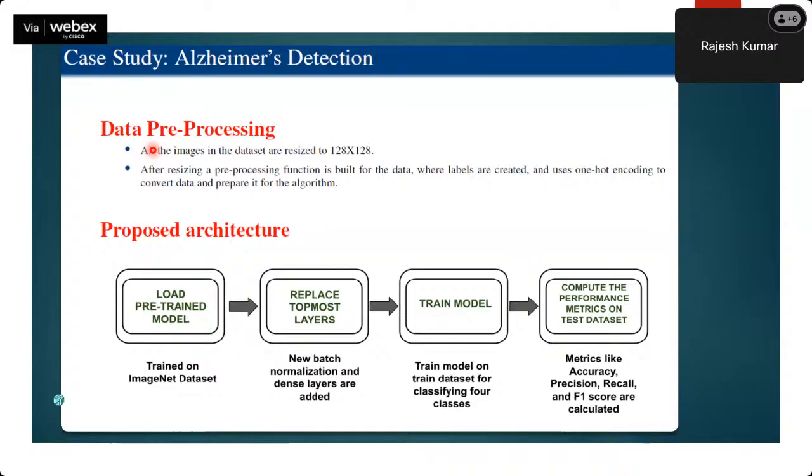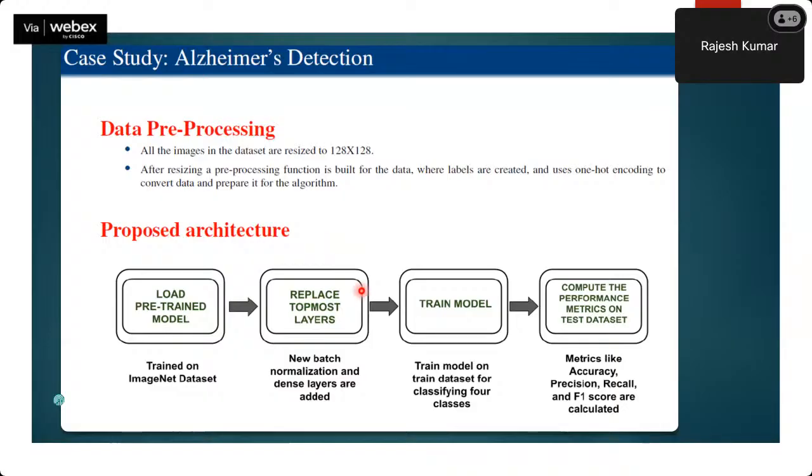We do a little bit of pre-processing because we have to resize everything into 128 by 128 so that we have proper structuring. Then we load a pre-trained model, so we are basically using a transfer learning kind of structure. Pre-trained models are already available, and then we replace the topmost layers, as I discussed in transfer learning, because of the computing issue.